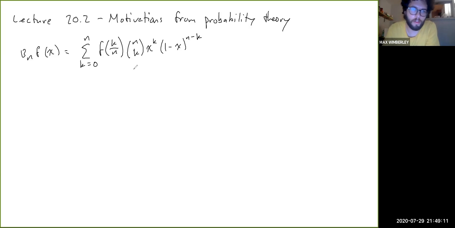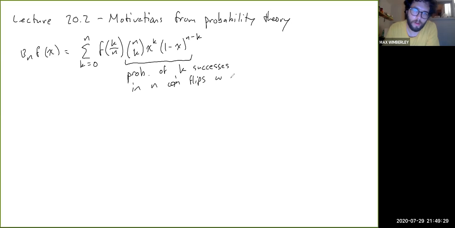If you've seen any of this before, you might recognize this as the probability of k heads in n coin flips, where the coin has probability x of being heads.